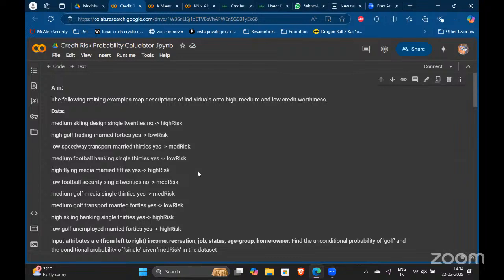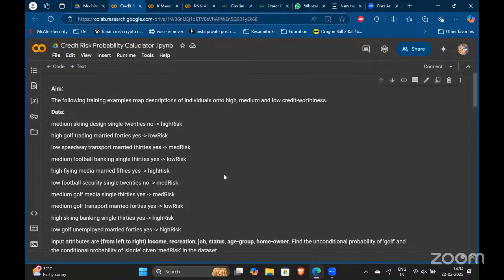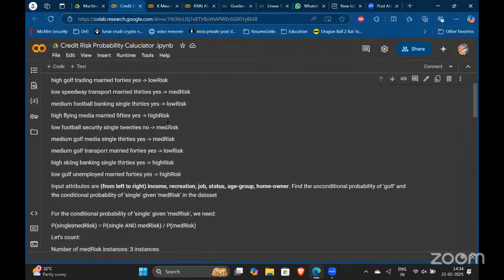So we have another example where we need to calculate the credit worthiness of that specific person based on the data that was given to us. Okay. So here you can see we have data of medium, skiing, design, single, 20s, no. So this is some data, right? So they'll explain it here.